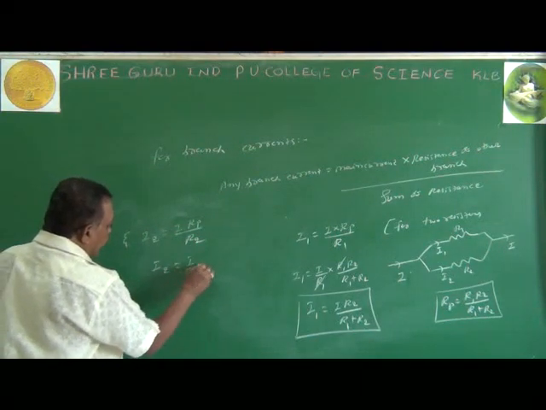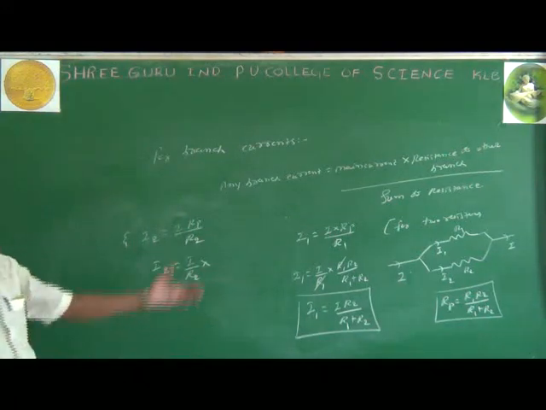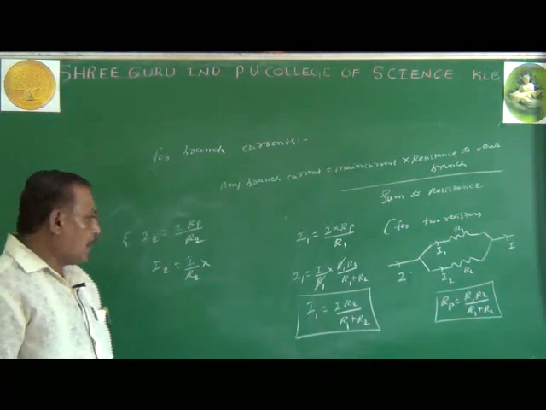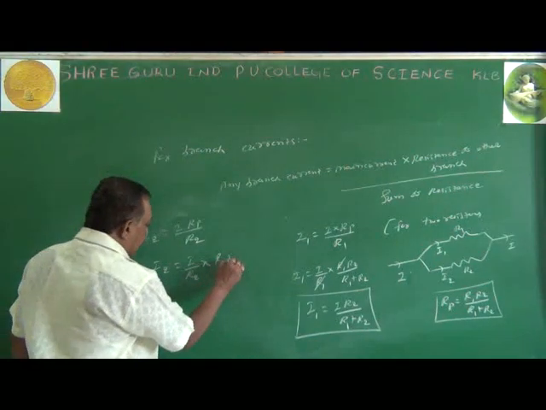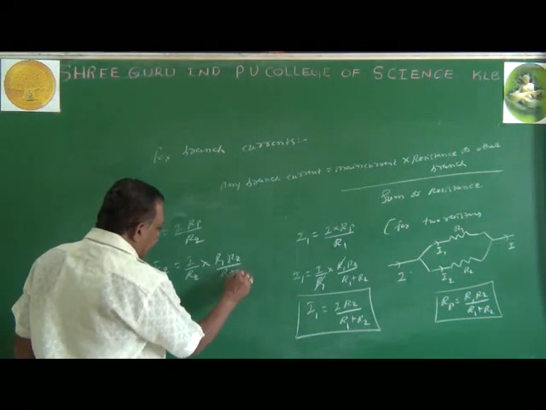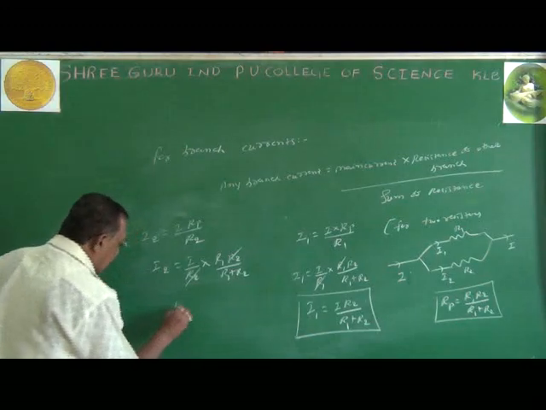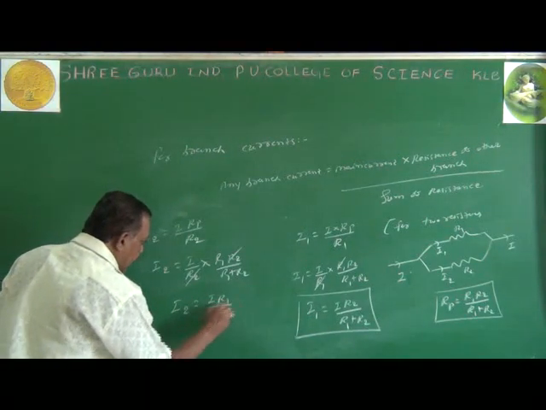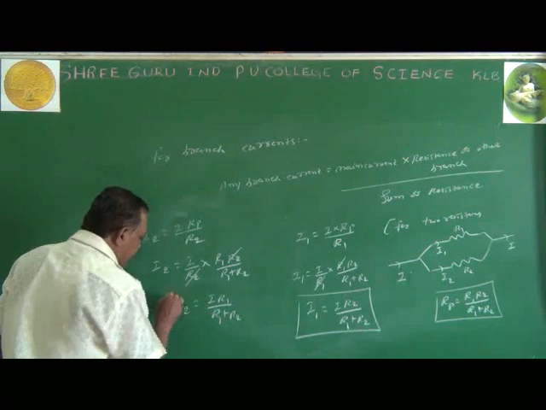Shall I write Rp? Yes, R1 R2 divided by R1 plus R2. These two get cancelled. I2 equals I into R1 divided by R1 plus R2.